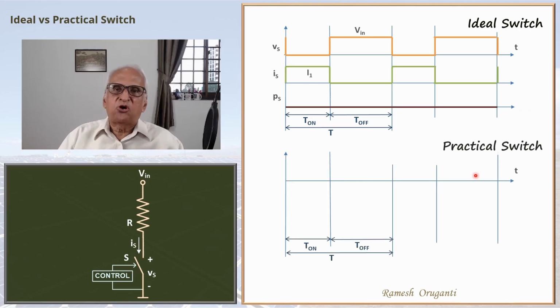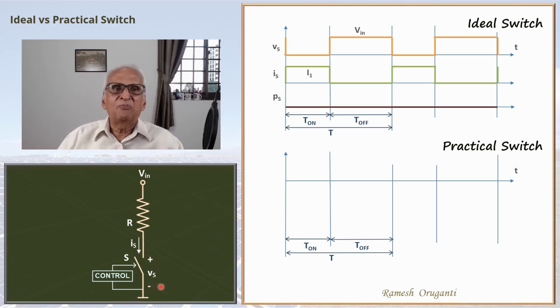When the switch is on in this interval, the switch voltage will be very low, but it won't be 0. When the switch is off, most of the switch's leakage current will be practically 0. That means the switch is more or less ideally off.